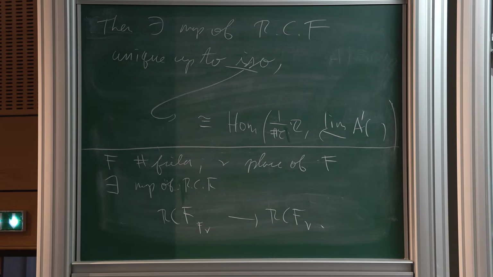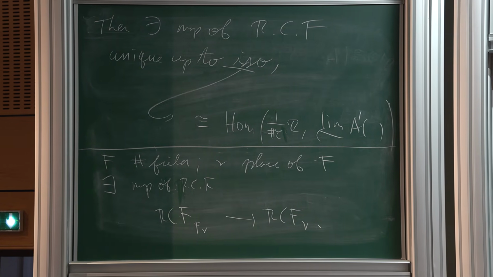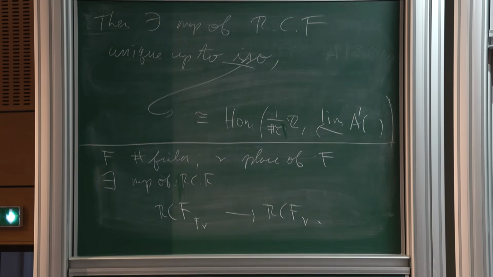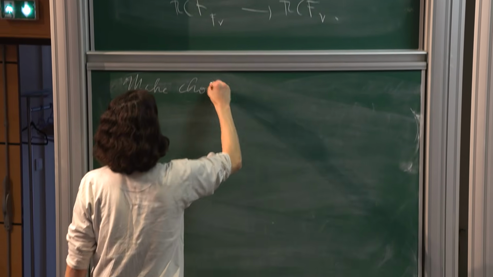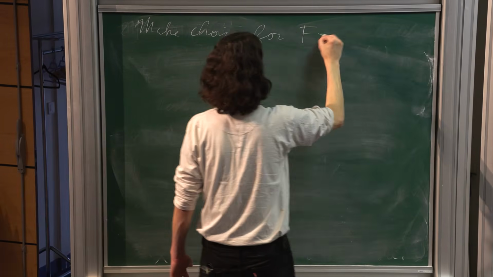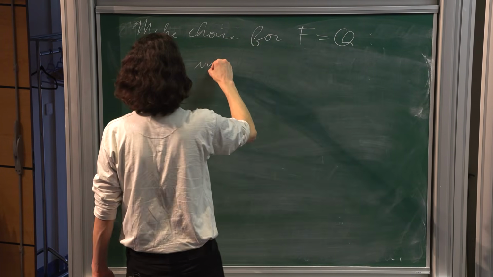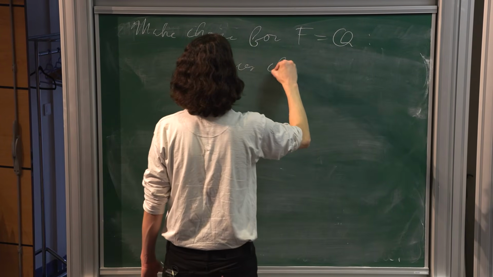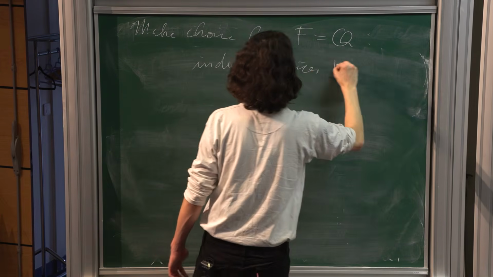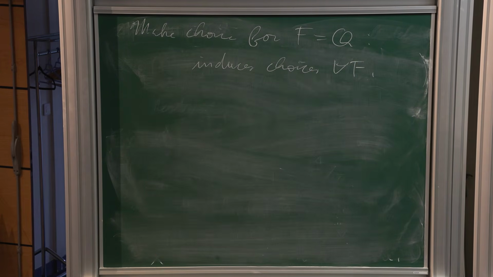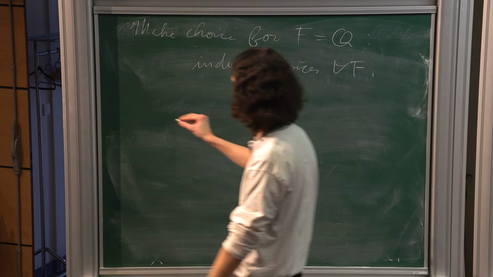we also need to make that choice for every place. So make a choice for F equals Q, and this induces choices for all F. And let me make a remark.